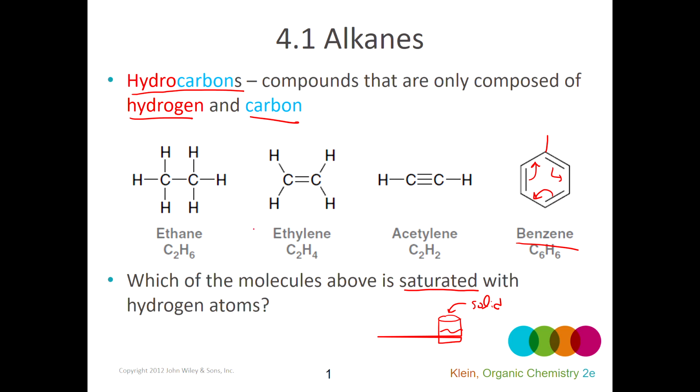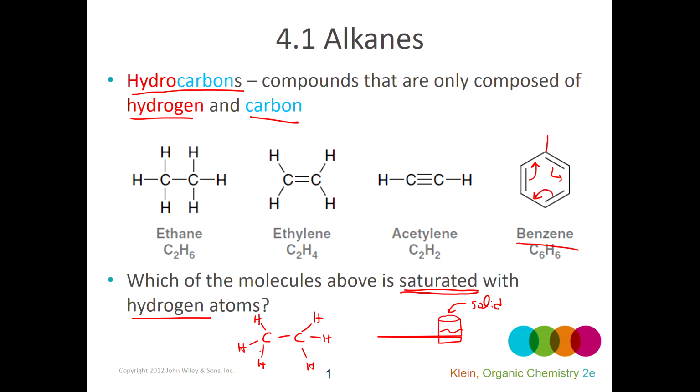When we're talking about hydrocarbons, if we're talking about a hydrocarbon being saturated, we're talking about it being saturated with hydrogen atoms. Right? So if a carbon has the maximum number of hydrogens it can possibly hold, just like a solution is saturated when it has the maximum amount of solid it can possibly hold, a carbon-carbon bond or area of a molecule is saturated if each carbon has 4 single bonds and as many hydrogens as it can hold.